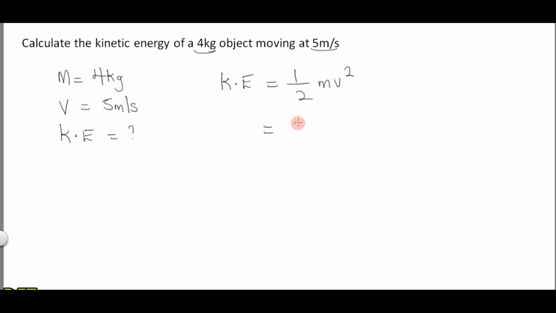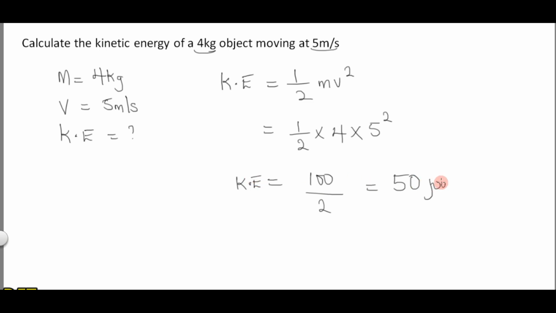So this is equal to 1 over 2 times our mass, which is 4 kg, times the velocity, 5 meters per second, so that will be times 5 squared because we have v squared here. 5 squared is 5 times 5, which gives you 25. 25 times 4 gives you 100. 100 times 1 is 100, so this will be 100 over 2. And 100 divided by 2 gives you 50.